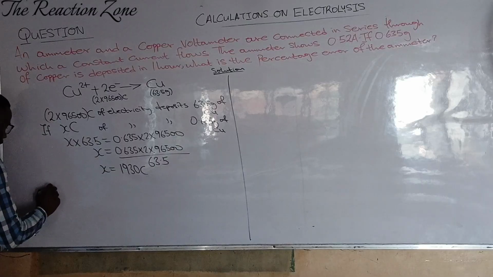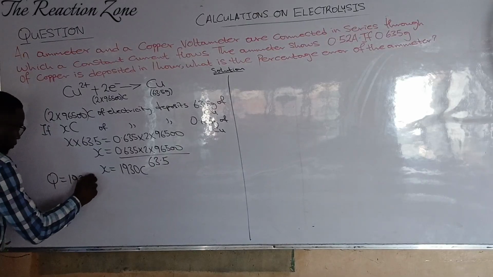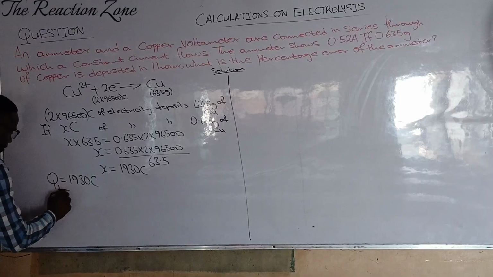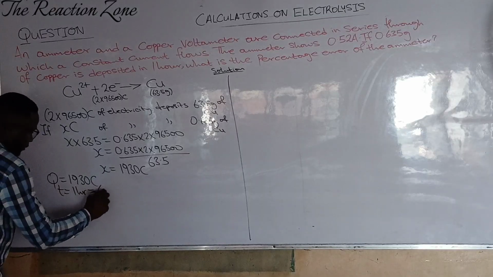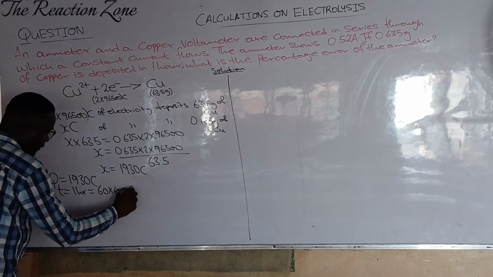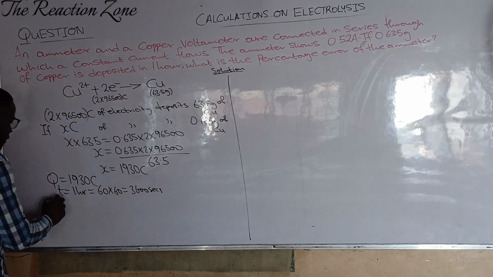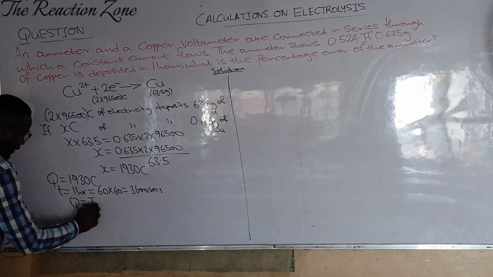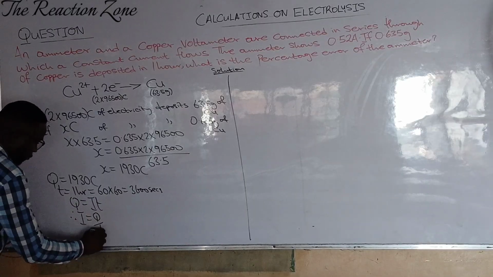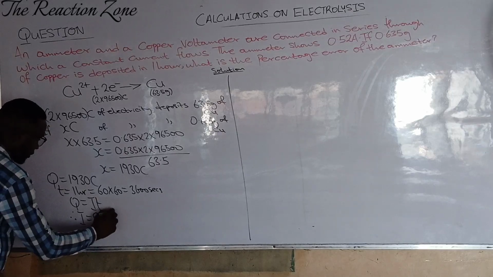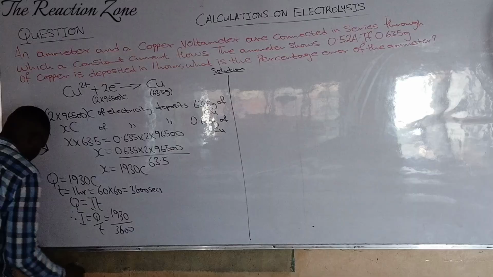Now, we're told that 0.635 grams of copper is deposited in 1 hour. So, we now know that Q is equal to 1930 coulomb, and the time is 1 hour. 1 hour is the same thing as 60 times 60 seconds, which is 3,600 seconds. So knowing that Q is equal to I times t, therefore I is going to become Q over t, which is 1930 divided by 3,600.